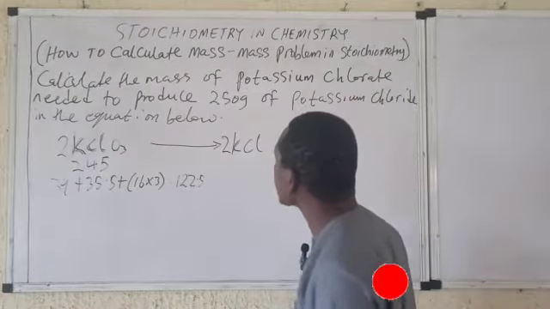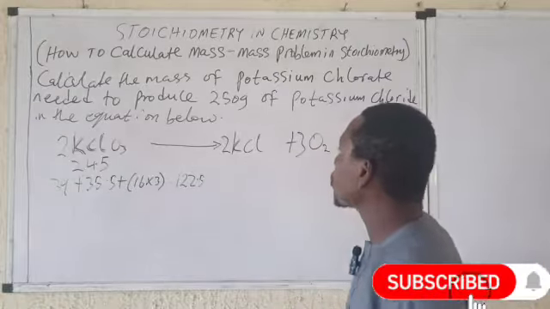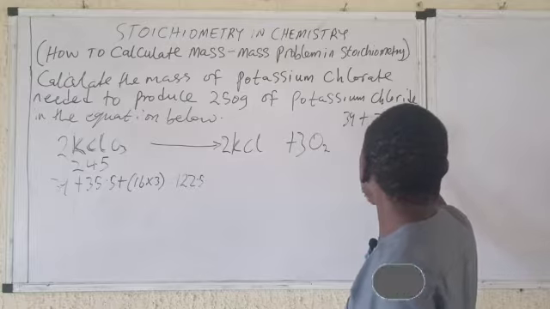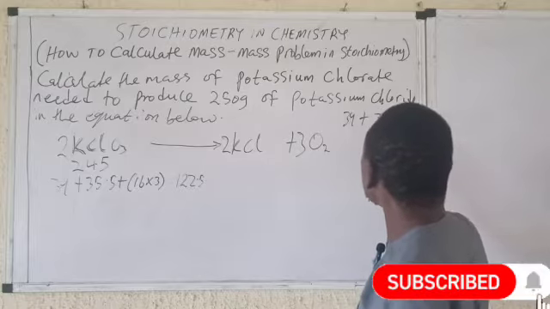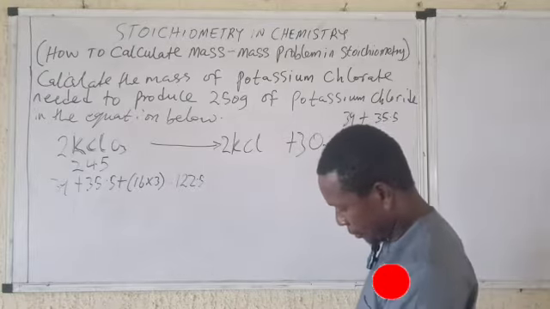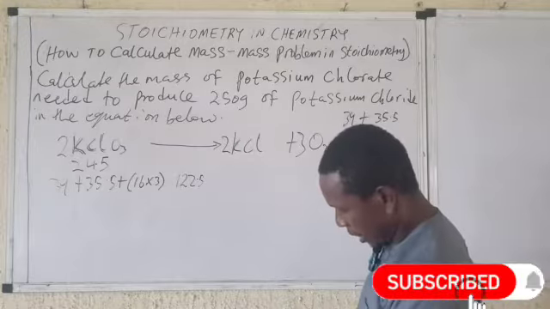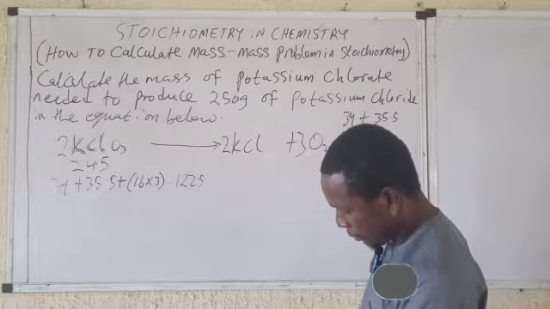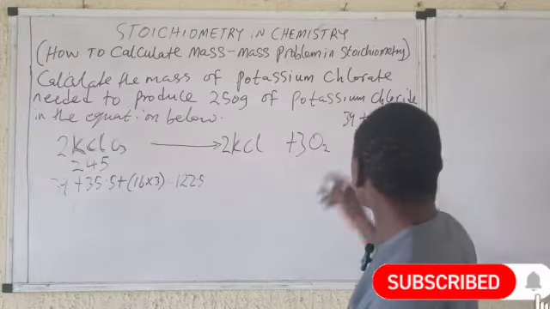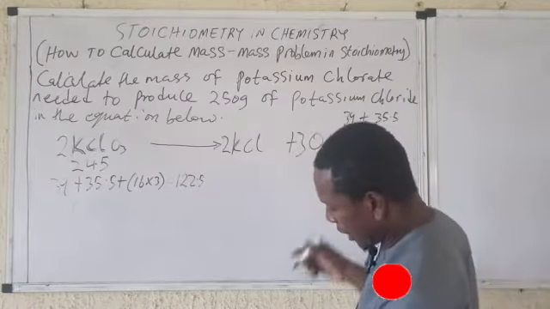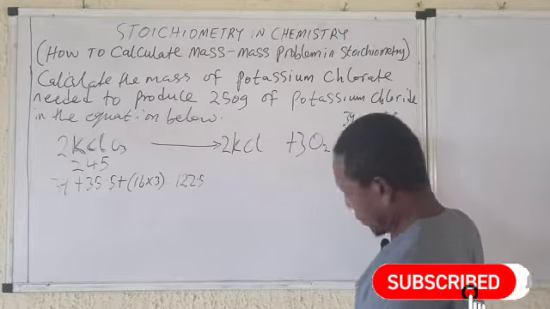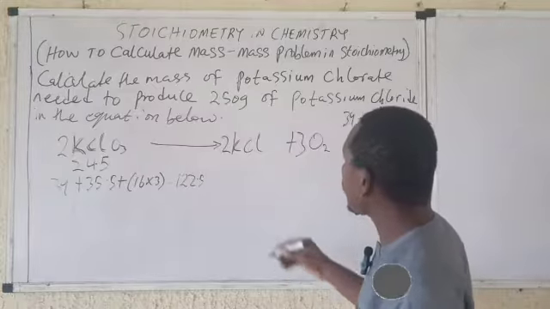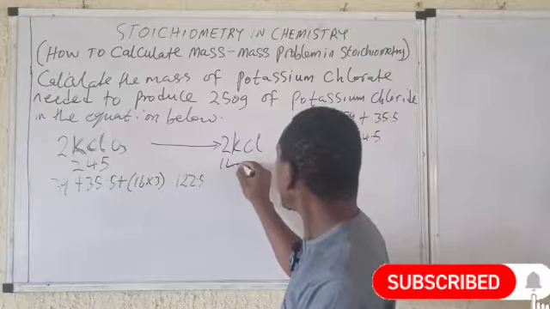All right, calculate the molar mass of this also. K is 39 plus 35.5. If you add them, you have your answer as 74.5, multiplied by 2, you have 149.